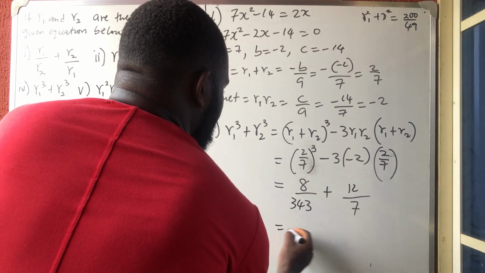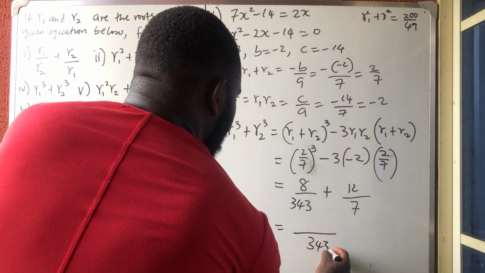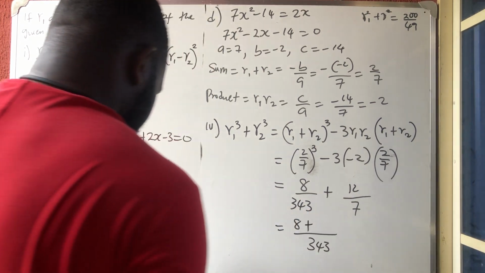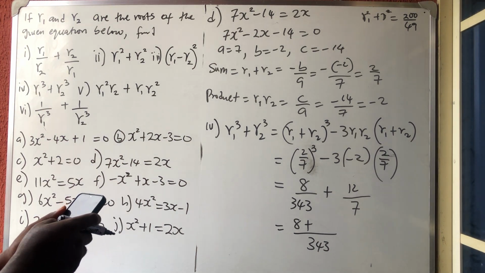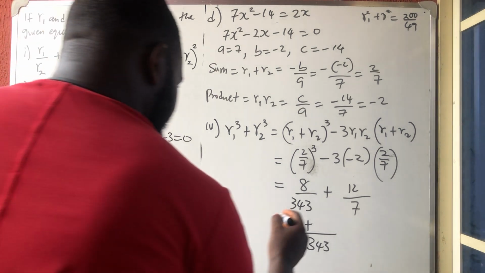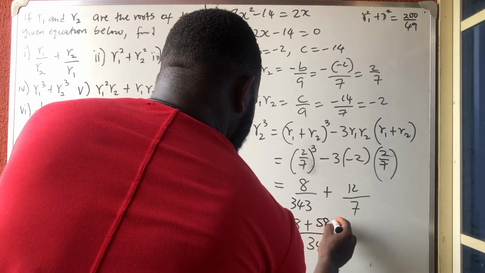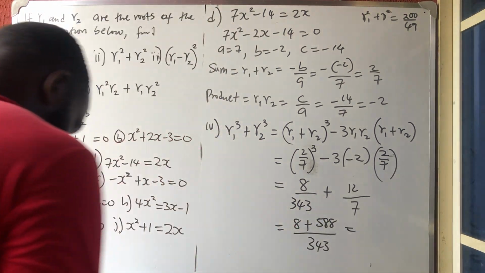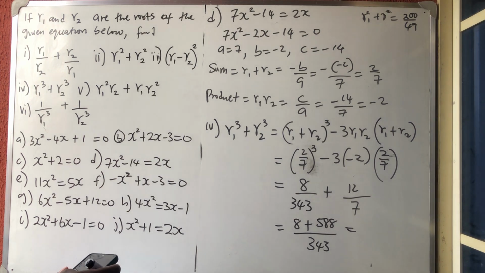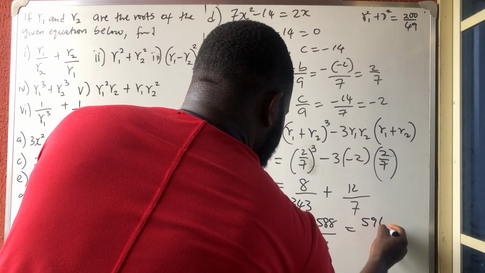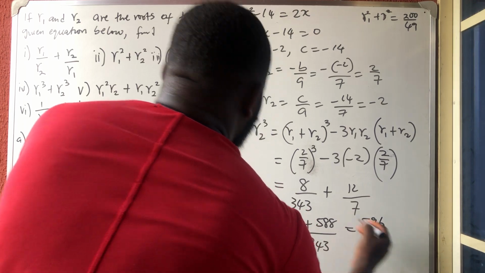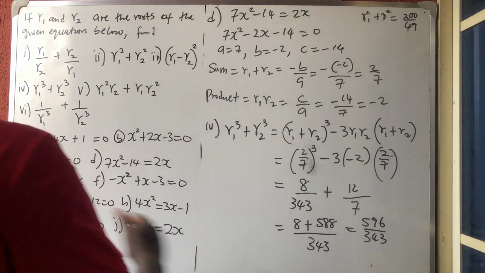Okay, so the LCM is 343, so I'm having 8 plus 12 times 49, so I'm having 588, so 588 plus 8, so 596, 596 over 343. Okay, so that is for this one.